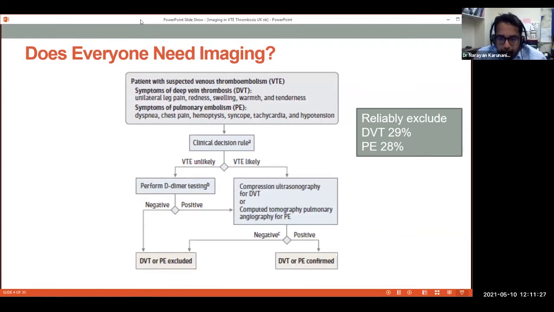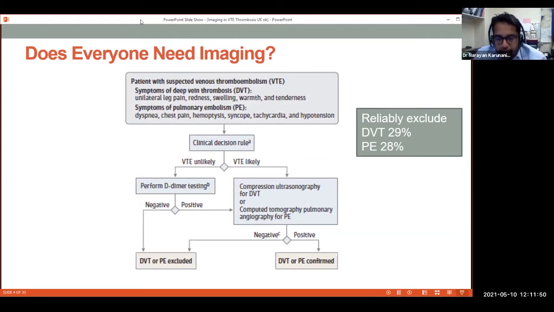And in the event that we have a low index of suspicion, a D-dimer test that proves negative may be adequate in excluding a deep vein thrombosis or PE. And doing it in this way, we know from studies published that we can reliably exclude a deep vein thrombosis in about 30% of patients, and in the setting of a PE, about a quarter of patients.